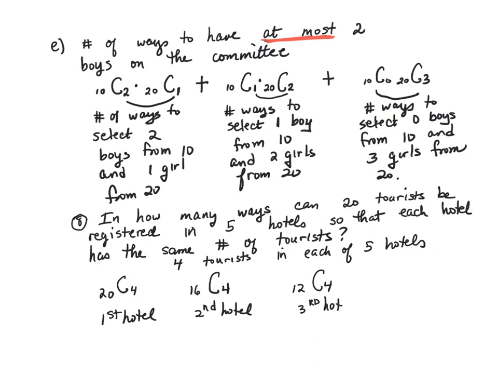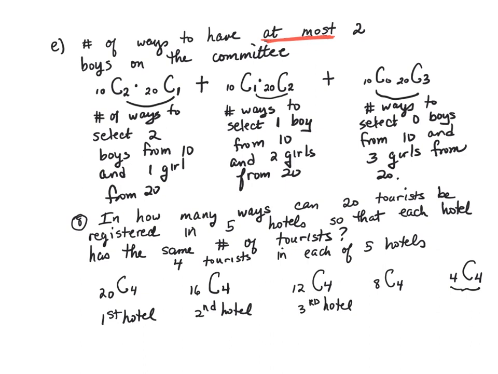And we keep doing this. We have 8 tourists left, and we choose 4. And then finally, for the last hotel, we've got 4 people left. We have to choose 4, but that's only one way. We just put them in the last hotel. And this is the 4th, and this is the 5th. I got mixed up with my numbering here.